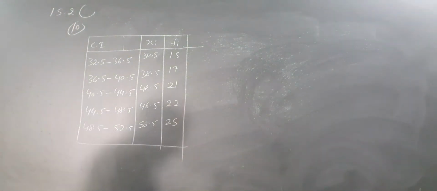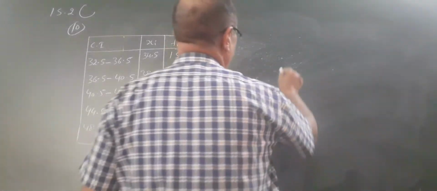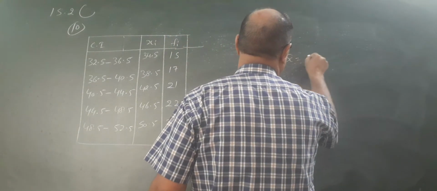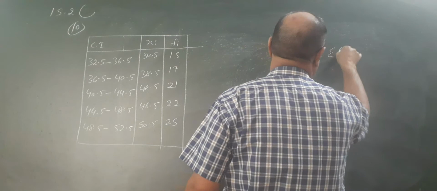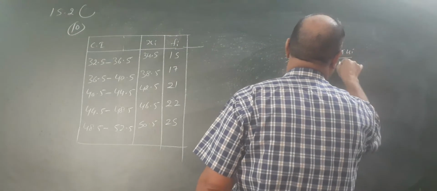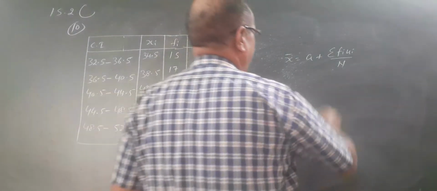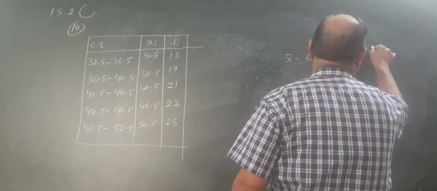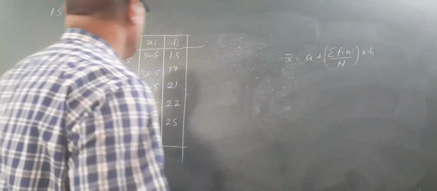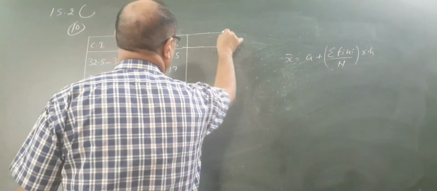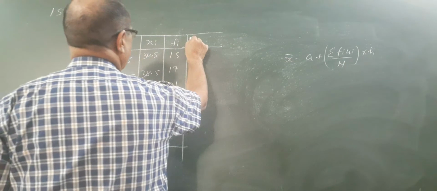Okay. Then the problem is to find its mean and SD. So how to get its mean? Again the formula to find the mean is A plus sigma fi ui upon n into the height of the interval, in case of class interval. Similarly, as in the last question, we have to find its ui.